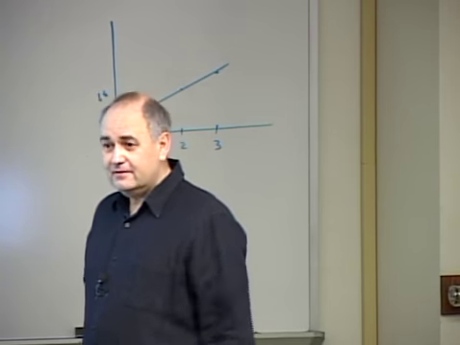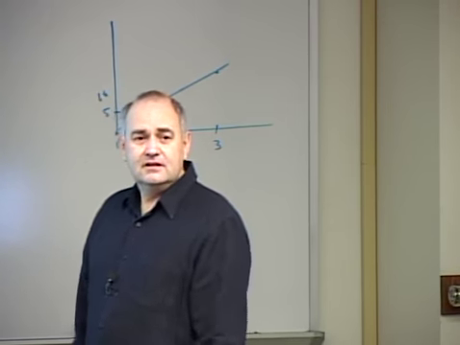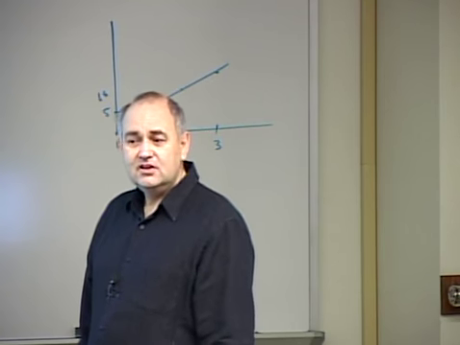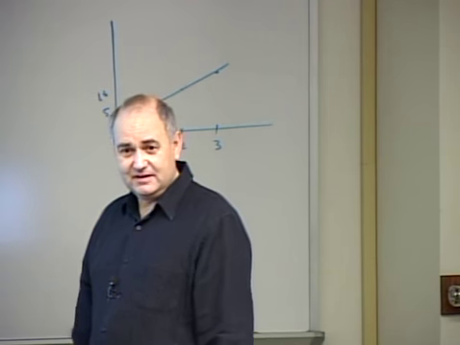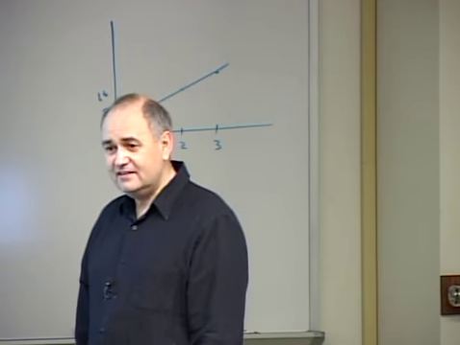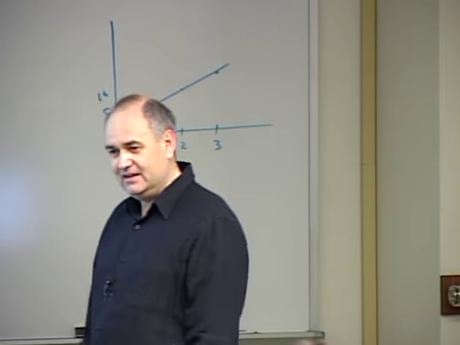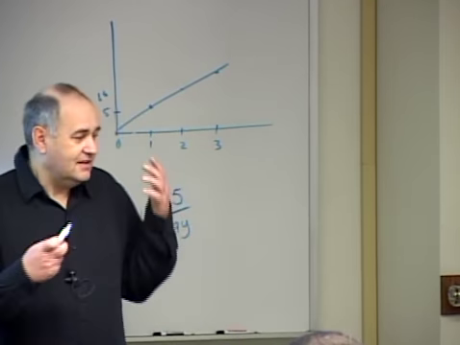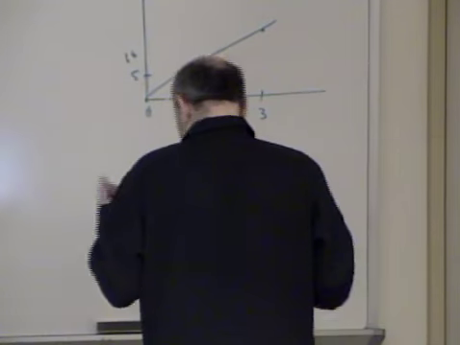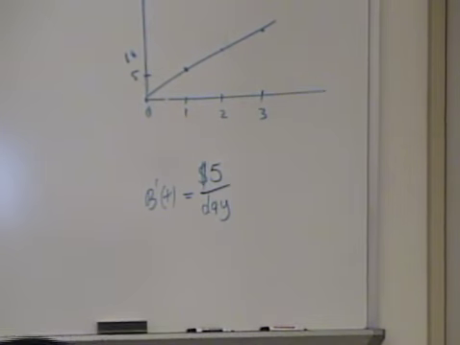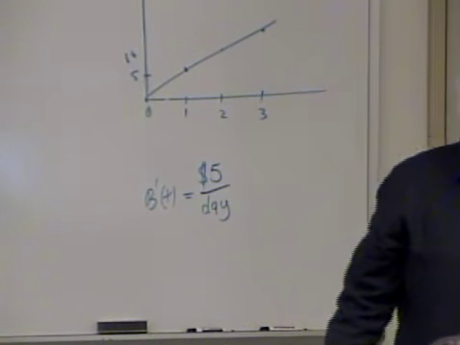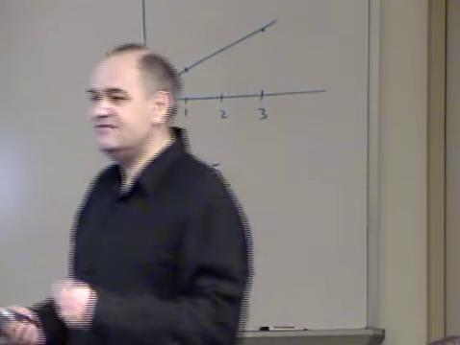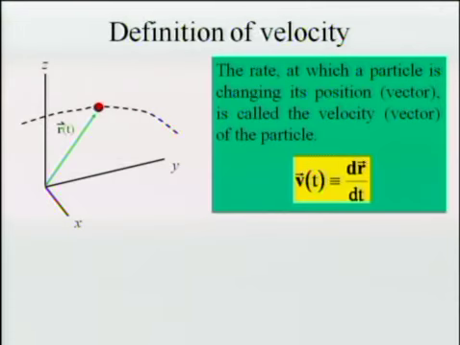Now, you have, for example, a certain income, an annual income. It's also the rate at which you are making money. Whenever something changes with respect to time and you calculate the derivative of it, you will have the rate of change of this function.